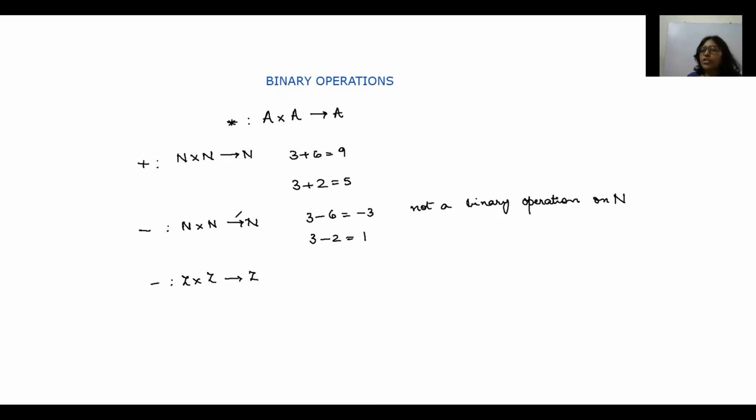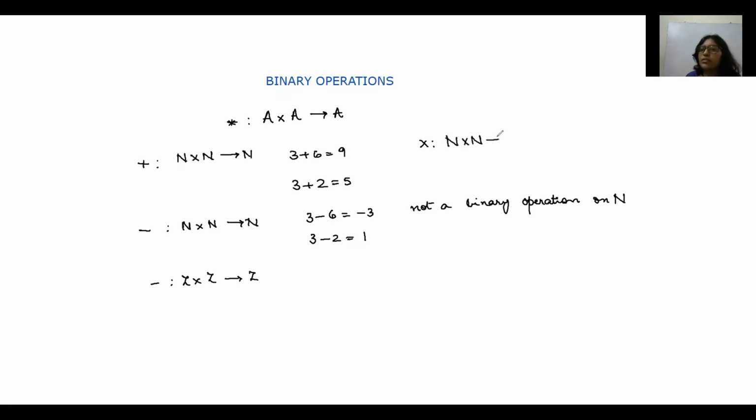So by binary operation, we mean that when we combine two elements of the given set by the operation, the answer should be in the same set. If we discuss multiplication, because we know this, we will discuss it a bit so the idea will be clear. Multiplication is a binary operation.